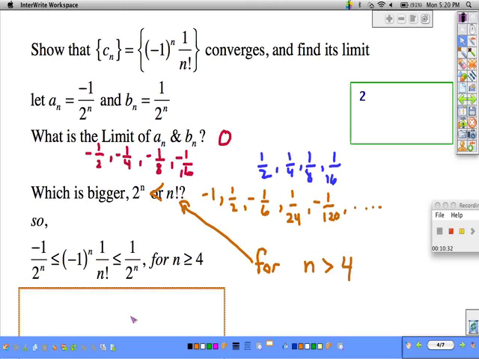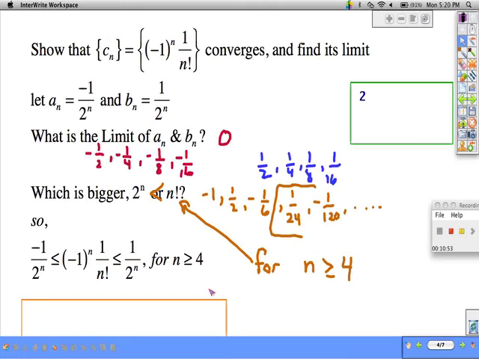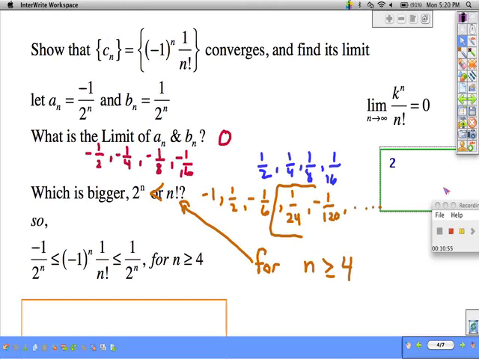So what we've now determined, and this should be equal to, so starting here, those terms are always in between these two convergent sequences, and what that means is that the limit of our sequence by the squeeze theorem is equal to 0.